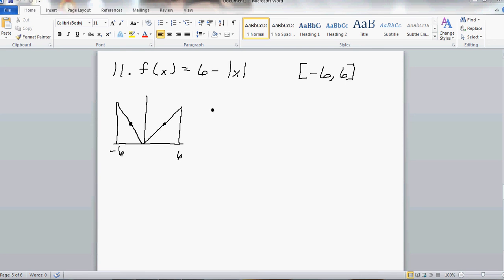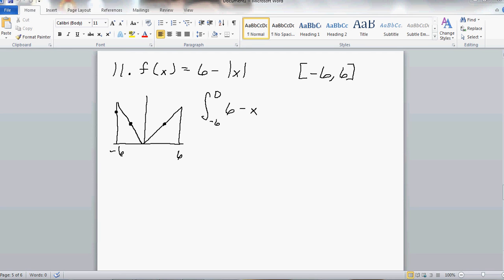Now notice what I had to do so that I can split this up, because I'm going to go from negative 6 to 0 of this line right here. Well, this line would be 6 minus x.